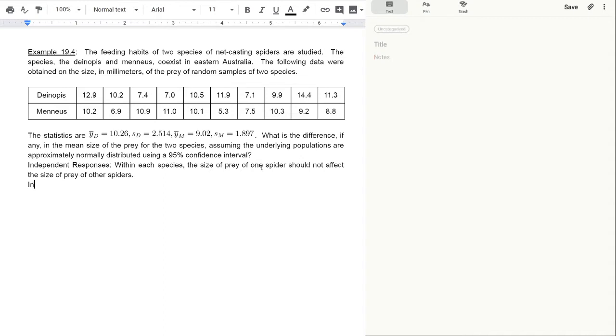And because we are dealing with multiple groups, we have the independent groups assumption. So the size of prey of one species should not affect the size of prey of other species.